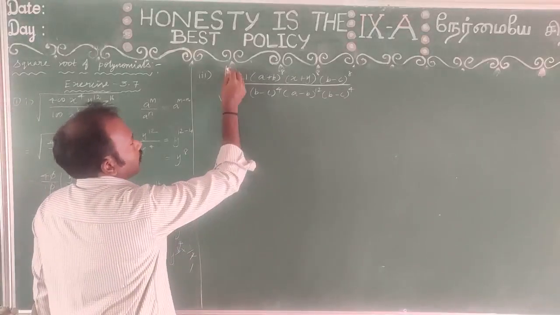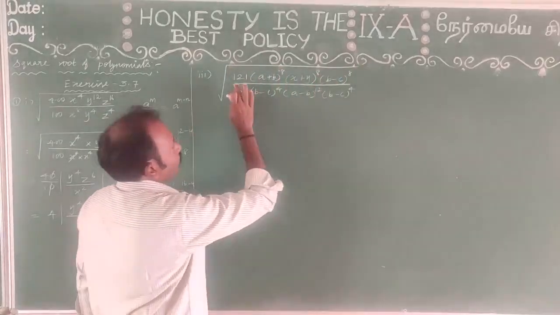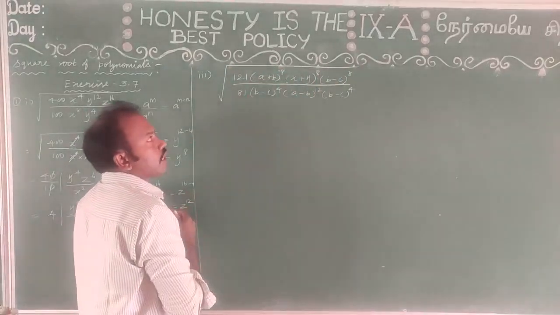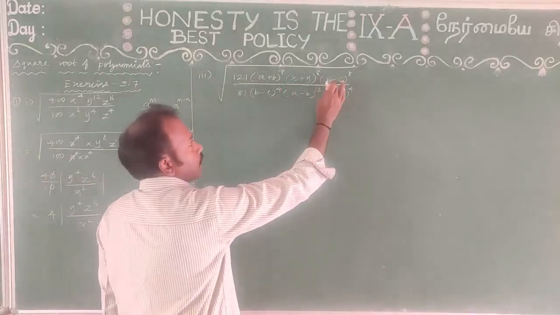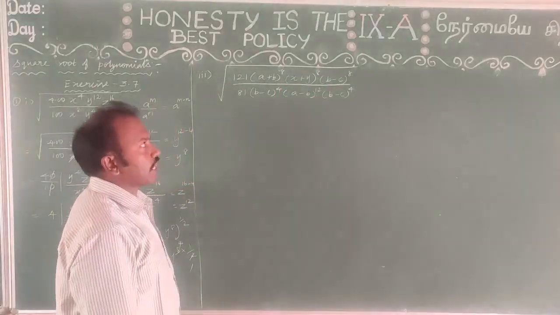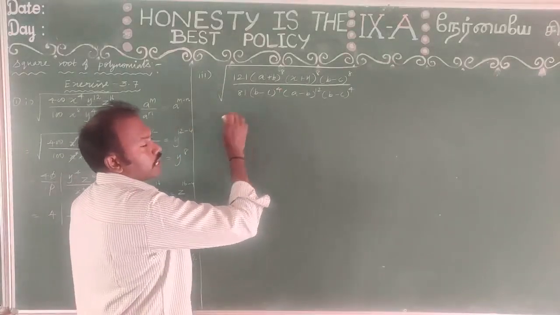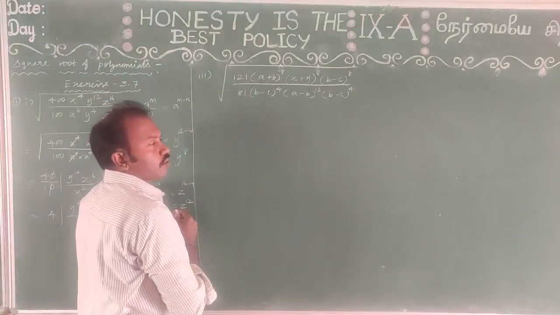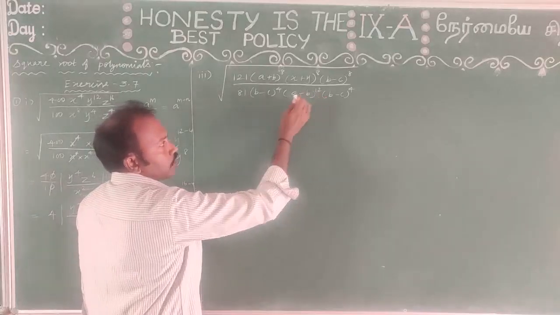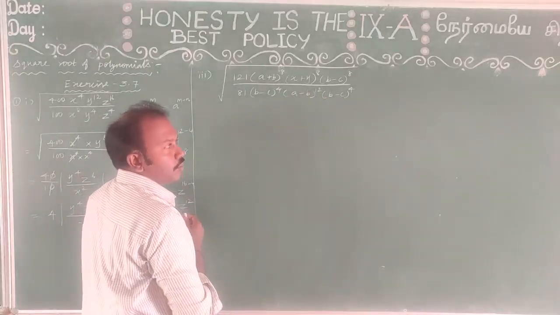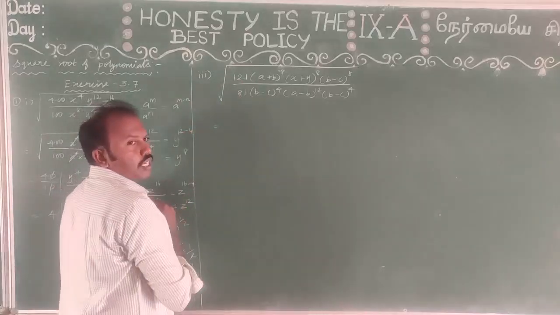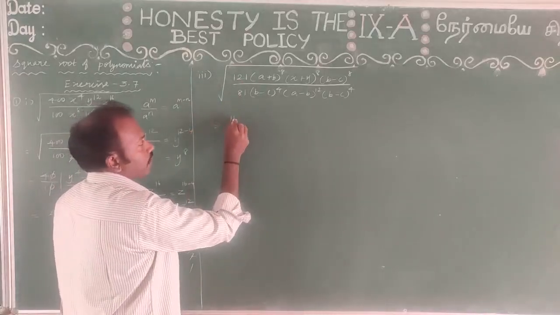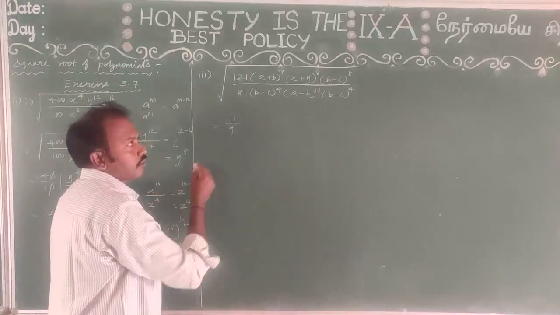Next one, third subdivision. Find the square root of 121 (a plus b) to the power 8 (x plus y) to the power 8 (b minus c) to the power 8 divided by 81 (b minus c) to the power 4 (a minus b) to the power 12 (b minus c) to the power 4. Also 121 and 81 are square numbers, so 11 divided by 9.